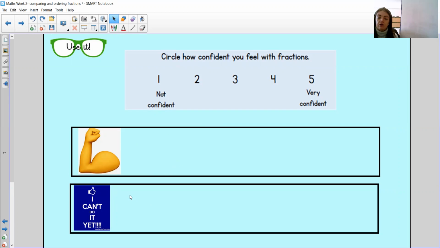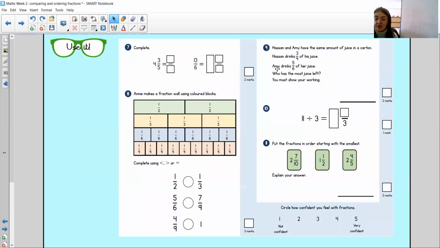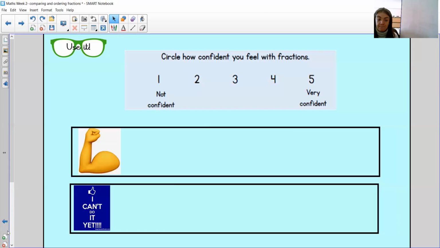And something here that you think I still need to work on, so if you did all of those questions and actually you got this question wrong here, so it might be using my knowledge of fractions to solve word problems. Yeah, or if you know that you are struggling to convert from improper to mixed numbers, write that in that box there.